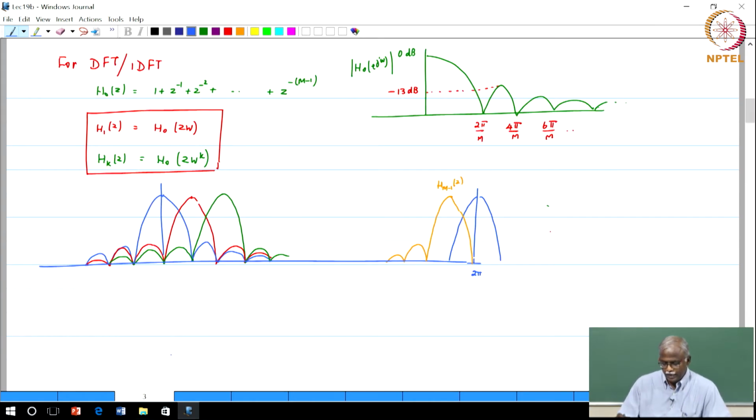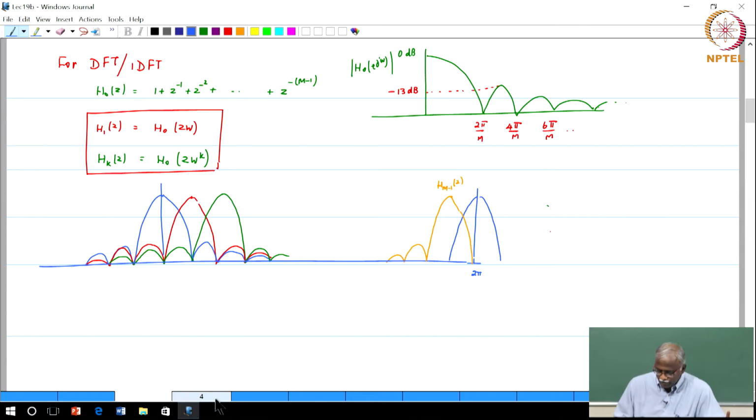And it turns out, and we showed, that this is pretty much what we are doing when we take the DFT or the IDFT for that matter. So basically we have a bank of filters which are giving you readings which can be interpreted as the spectral analysis of the input signal.